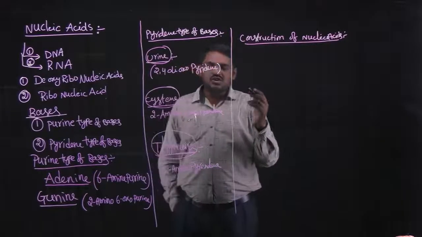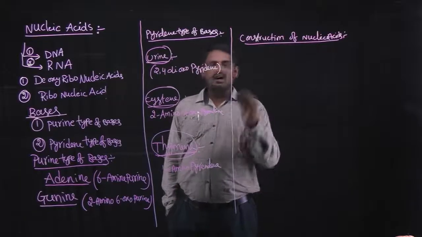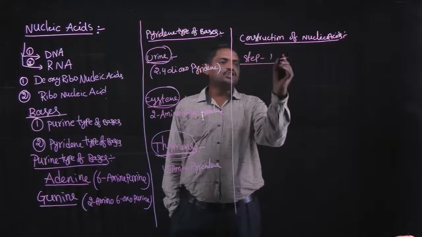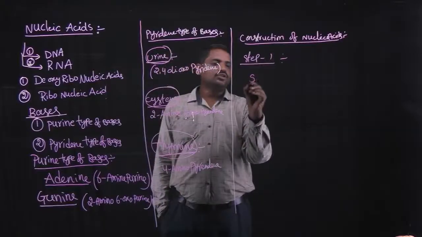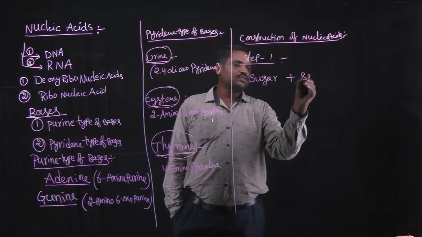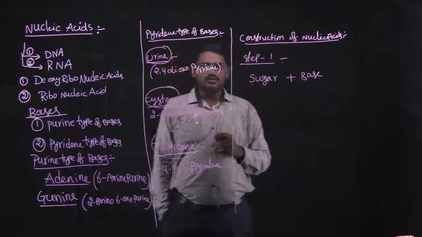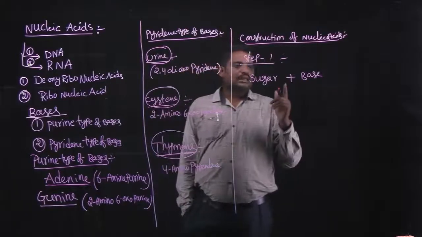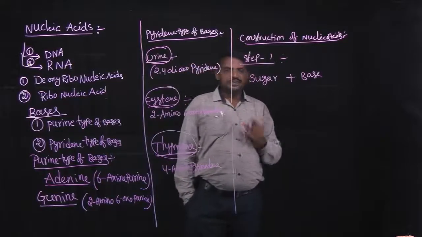These nucleosides are formed by the addition of sugar and base. The first carbon of the sugar molecule is attached with the ninth atom of the base.